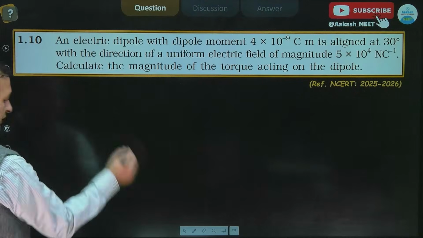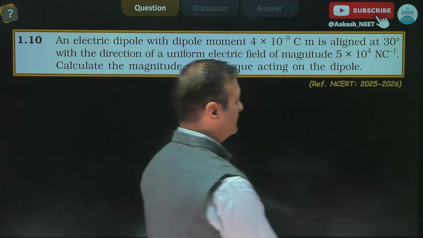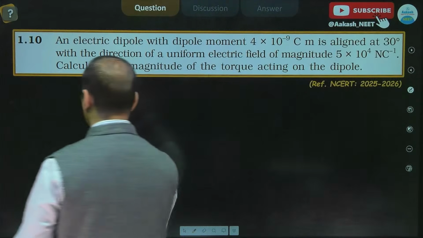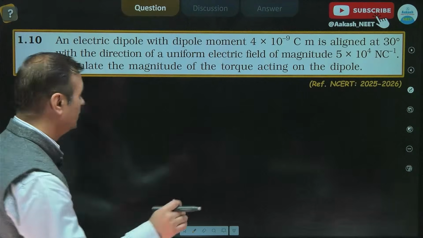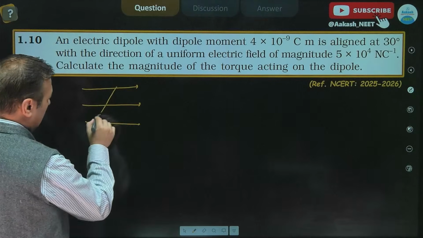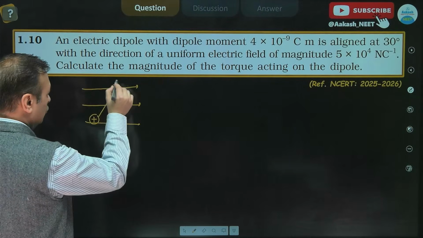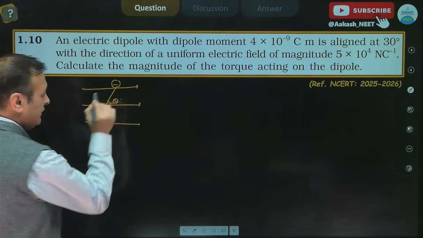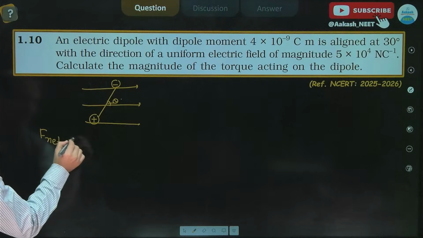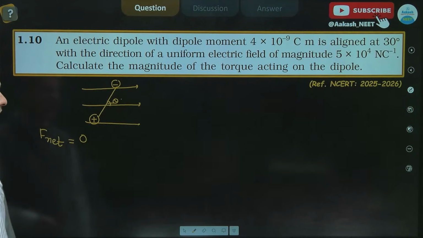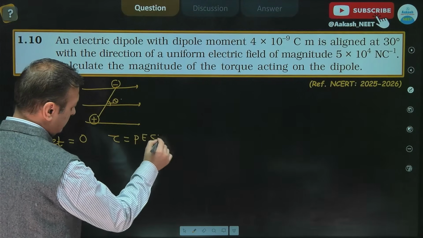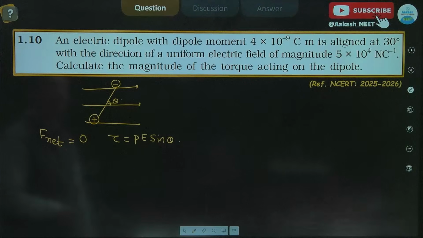We know whenever we have any electric dipole placed in a uniform electric field, the net force experienced by the dipole in uniform electric field, so this is your uniform electric field and this is the dipole at an angle theta, would be 0, but it experiences torque and that torque is given by pE sin theta.